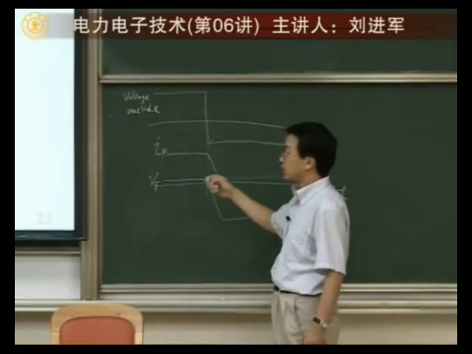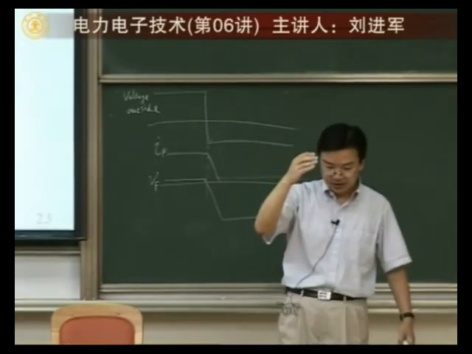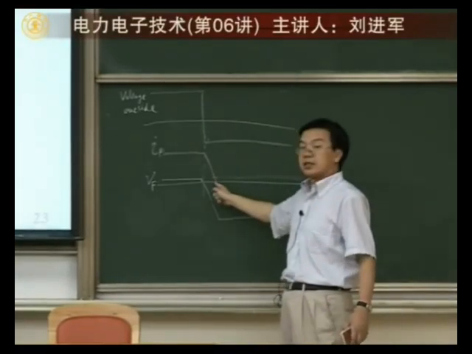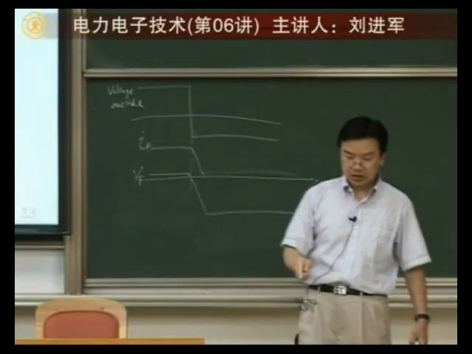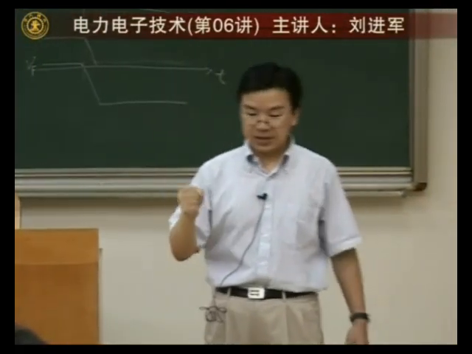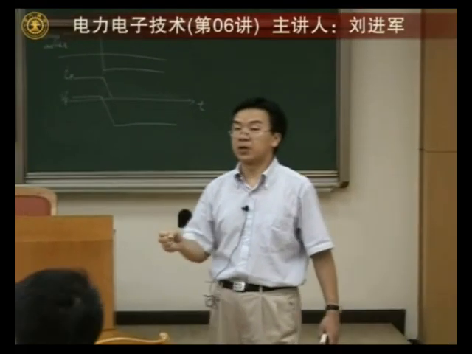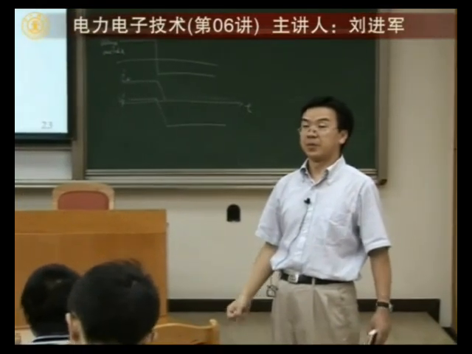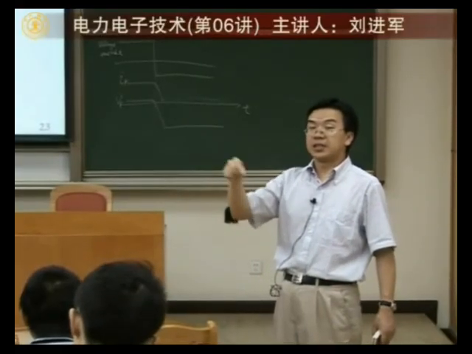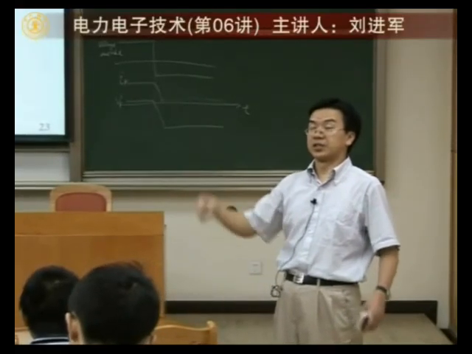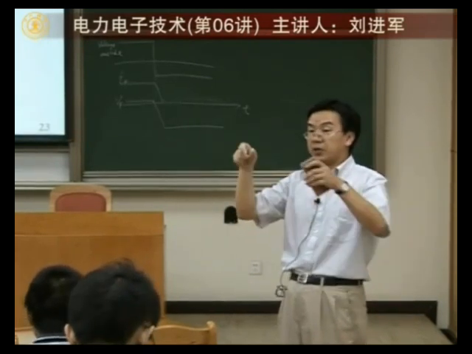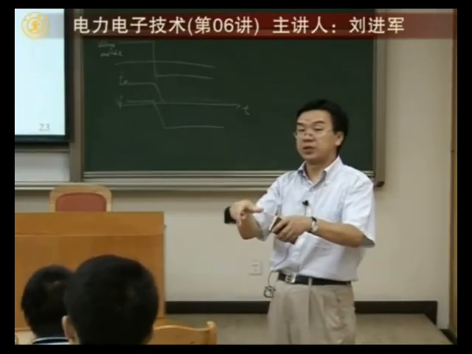Because when the current flowing through the diode becomes 0, the diode has not yet recovered the ability to block voltage. There are still a lot of carriers inside the diode: carriers in the N region, in the P region, and in the intrinsic region.